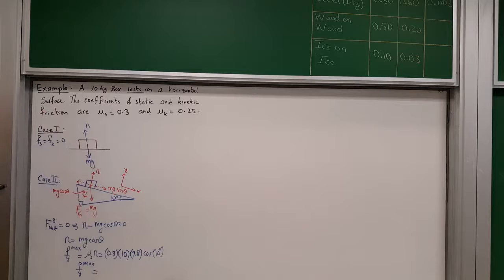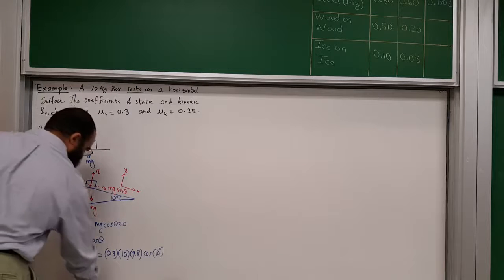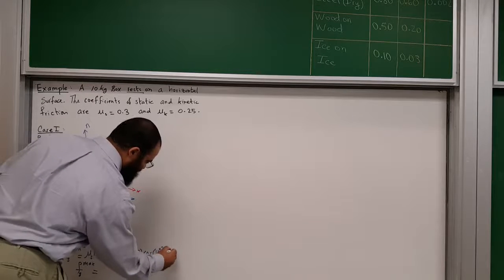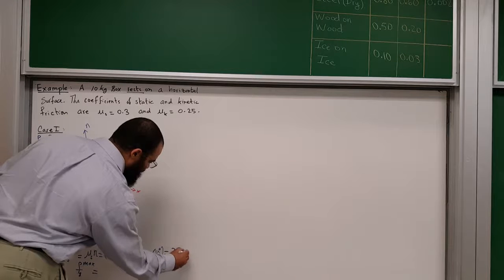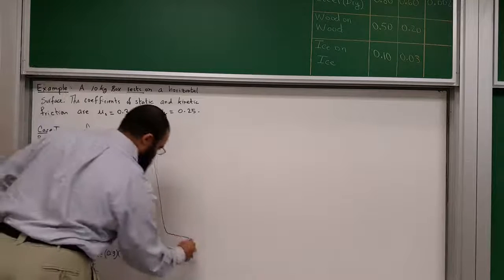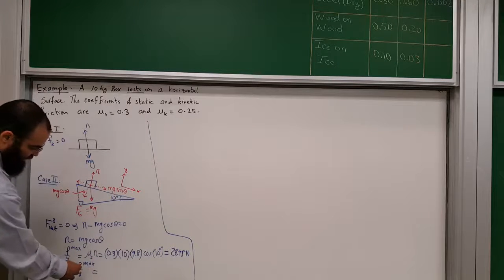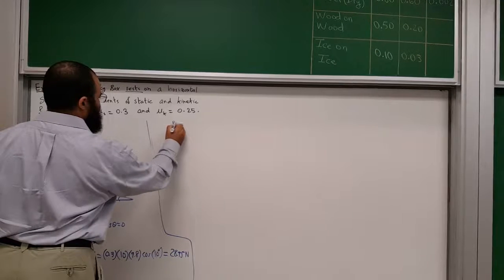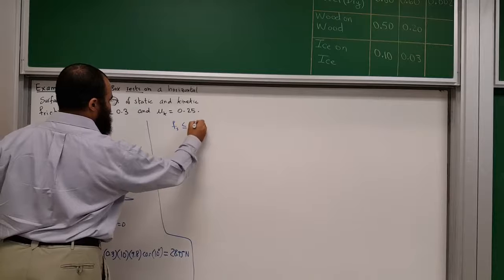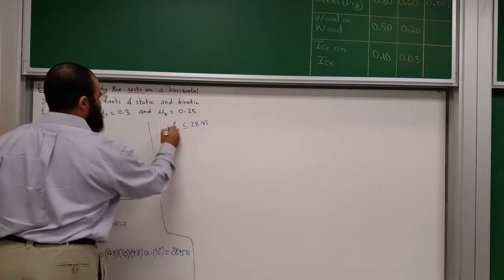Let's calculate it. 0.3 times 10 times 9.8 times the cosine of 10 degrees. And I get 28.95, about 29. So approximately 28.95 newtons. So the force of static friction can take values between 28.95 and 0.